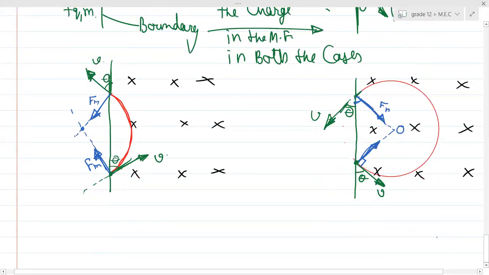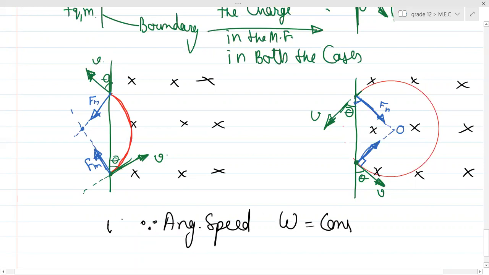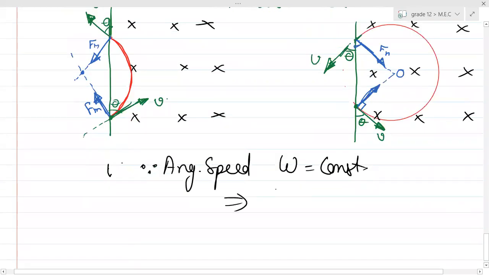Now basically what you need to find out is the time this thing spent in the circuit. Now, do we know this? Since angular speed omega is constant, that implies the time taken to cover 360 degrees was basically how much?